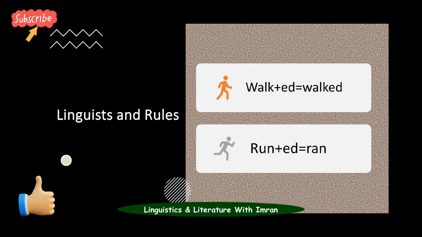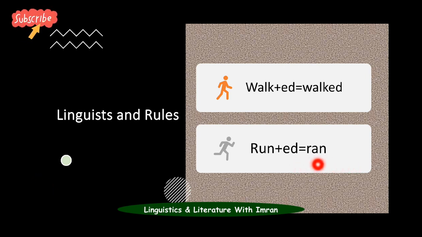But the rules say that run plus ed is run, and walk plus ed is walk. So here we have a zero morpheme. And you can't explain this zero morpheme to your students, right? So you can't explain these rules to the students. And if you explain the rules to the students, you are going to confuse them.